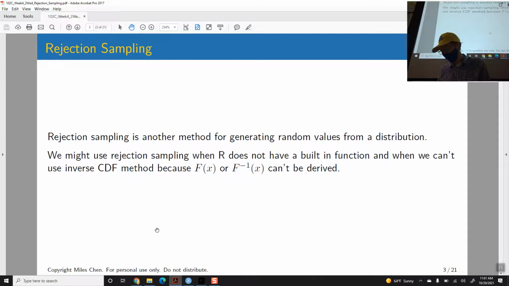If we don't have that, then the first method that we might turn to would be inverse CDF, or we might use a convolution or something like that. But if we can't use inverse CDF because we can't figure out the CDF or the inverse of the CDF, we might turn to rejection sampling.